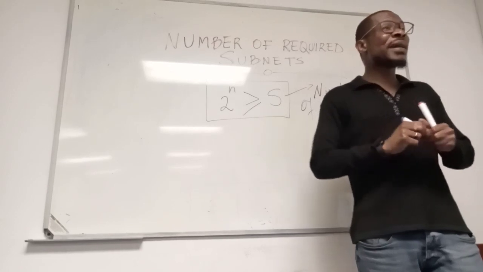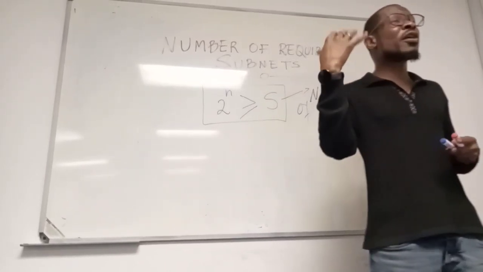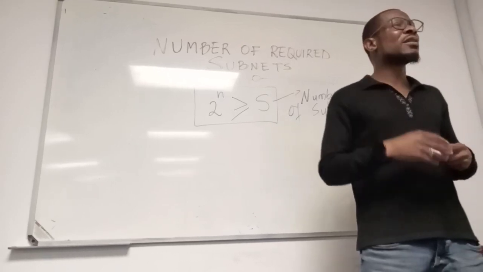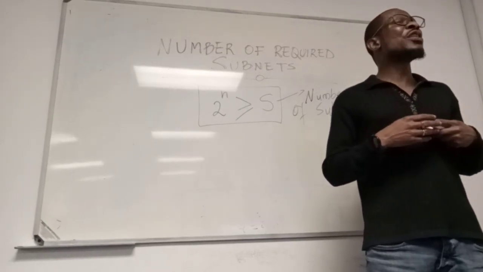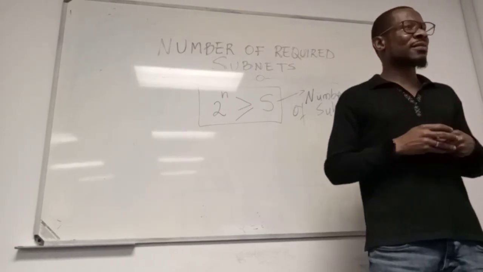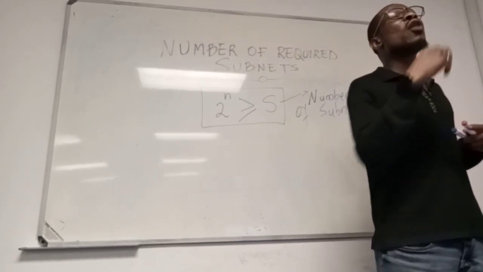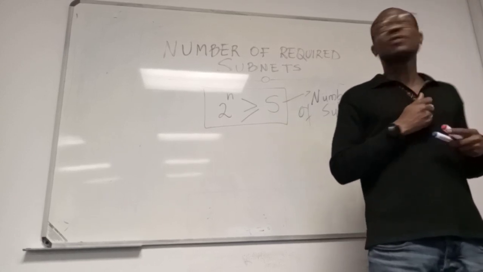So you have a requirement that they're going to tell you, though sometimes they cannot tell you. You can just observe. You say, okay, this building has 10 floors. For 10 floors, according to my plan, I will need only 10 subnets. Because I need 10 subnets, how many bits do I have to borrow from the host? Now the formula is what?